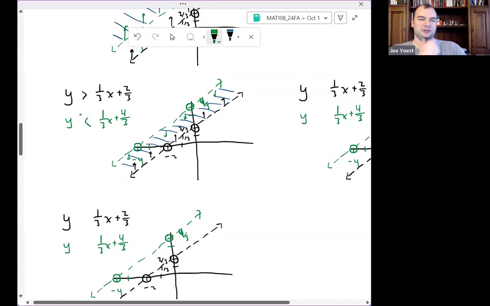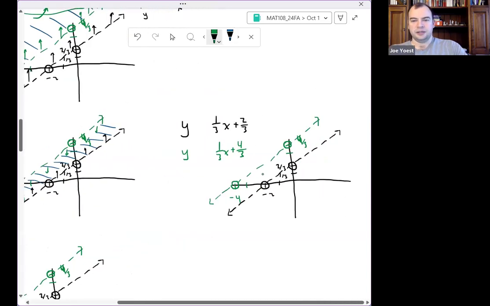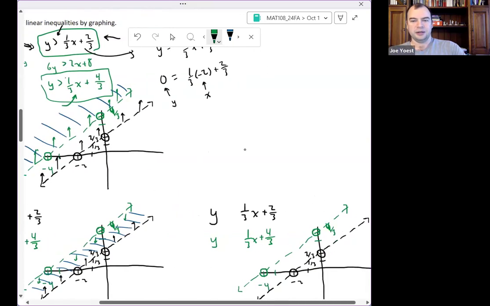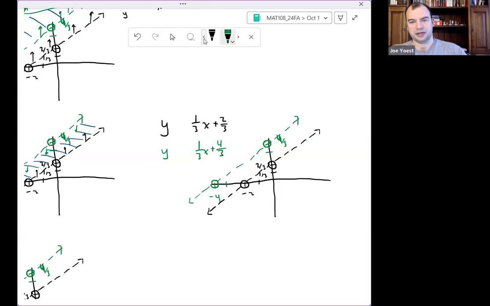But okay, so if I had something like y bigger than for the black inequality and y less than for the green inequality, I end up with a solution set that's between these two lines. I could end up with something similar to up here, but if my inequalities were facing in the same direction, and I had y less than for both of them, well, now I'm looking for ordered pairs that are below the green line and also below the black line.